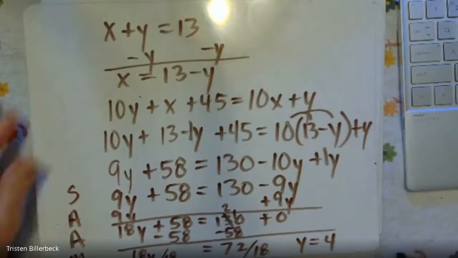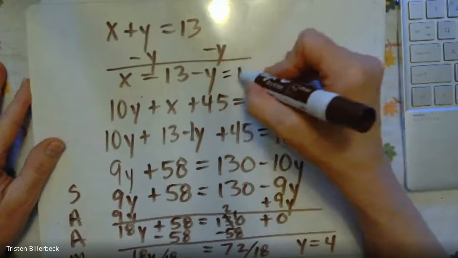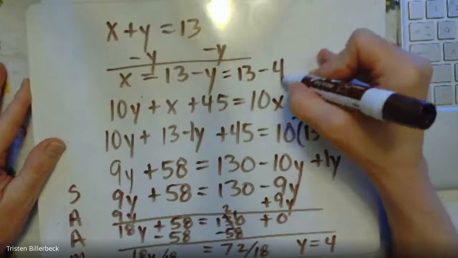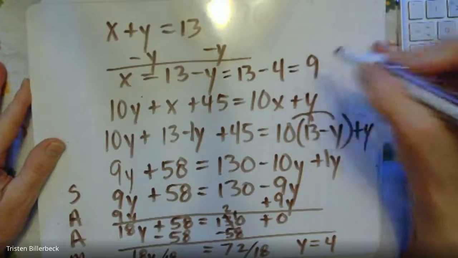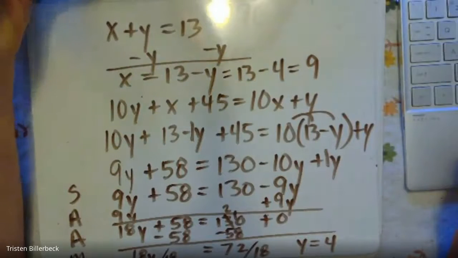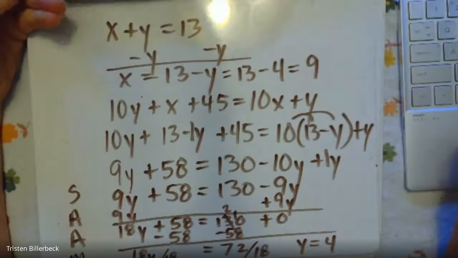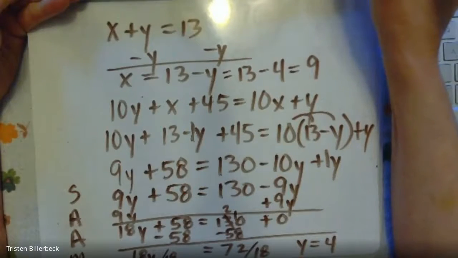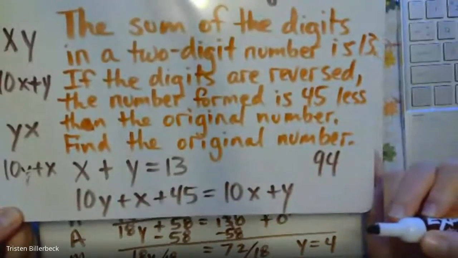Now that I have y equals 4, I can go back and substitute it in here and say 13 minus 4 equals 9. So it said find the original number. So if x is 9 and y is 4, the original number is 94.